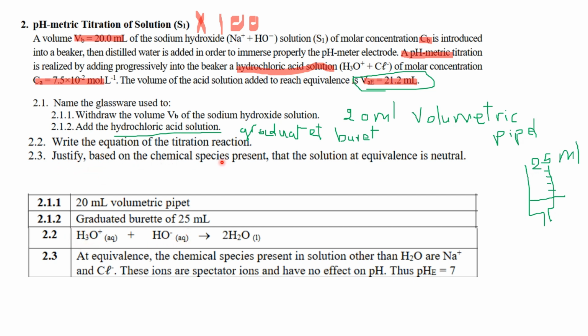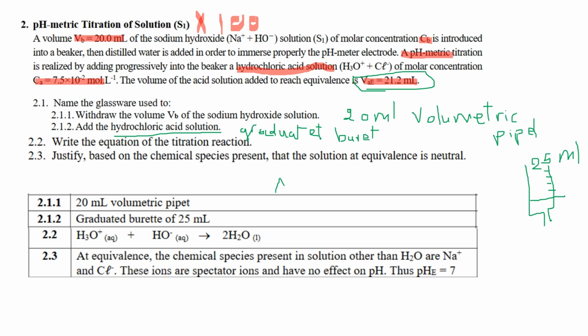Now justify, based on the chemical species present, that the solution at equivalence is neutral. This is also a fixed answer that you can memorize and write all the time for these kinds of questions. You should say that at equivalence, the chemical species present in the solution other than H2O are Na+ and Cl-. Where is Na+ coming from?